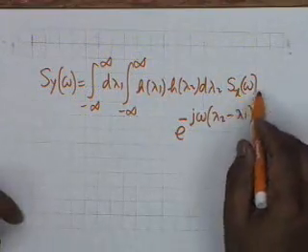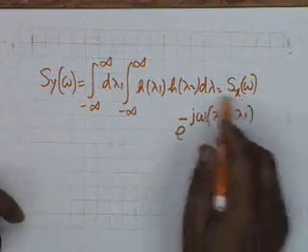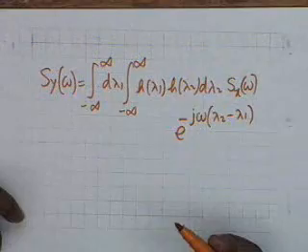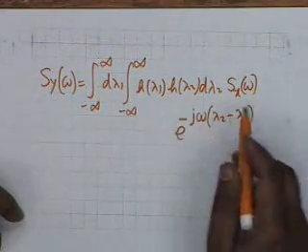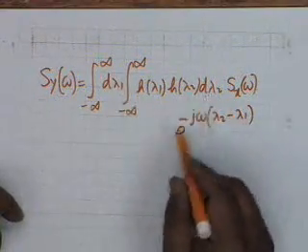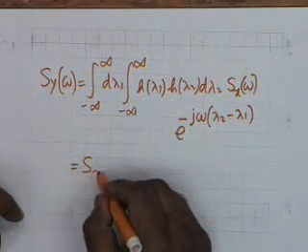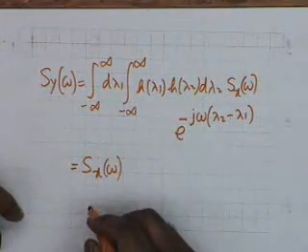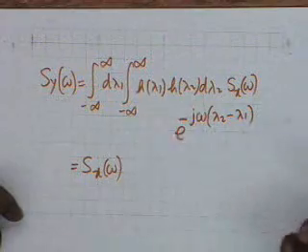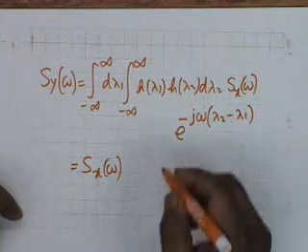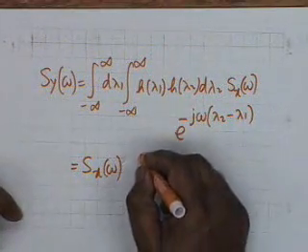Now Sx of omega is simply a constant as far as this integration is concerned, because the integration variables are lambda 1 and lambda 2. Therefore I can bring this down here, Sx of omega. Then lambda 1 and lambda 2 are independent of each other, and therefore I can separate the two integrals.